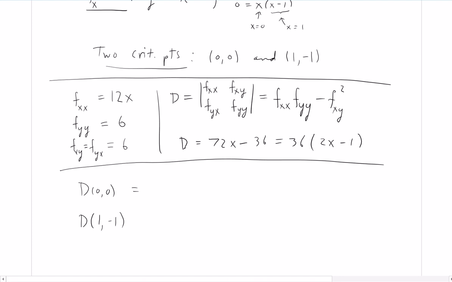So first, d of 0, 0, we get negative 36, which is of course negative. And if you remember, when d is negative, that tells you the critical point is a saddle point.